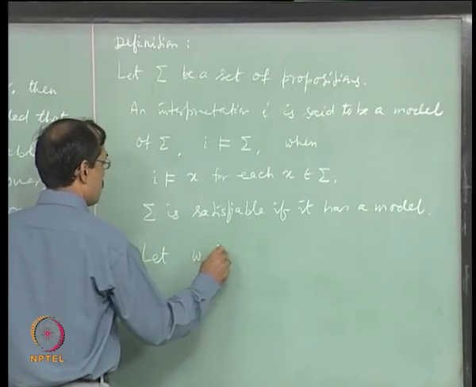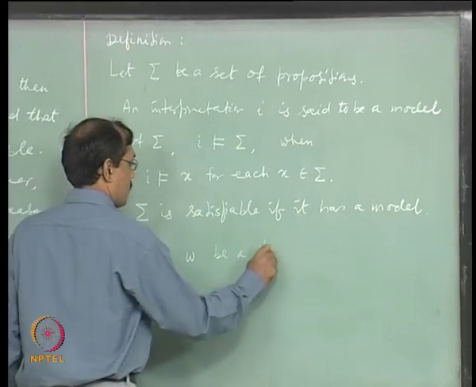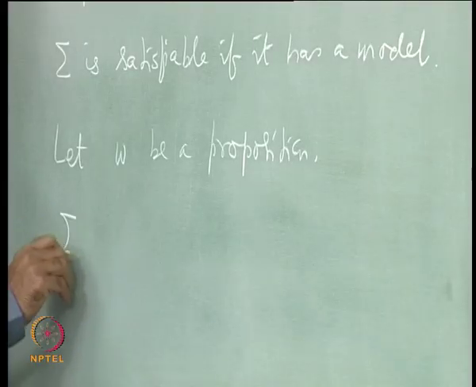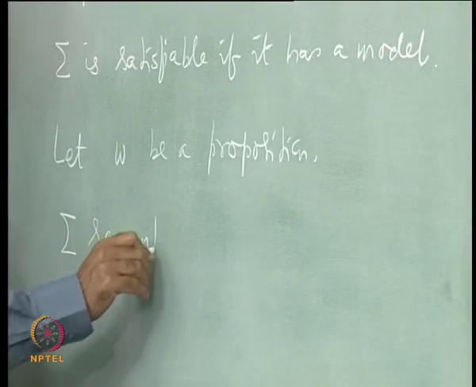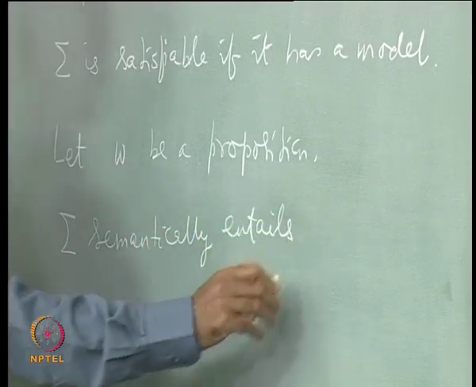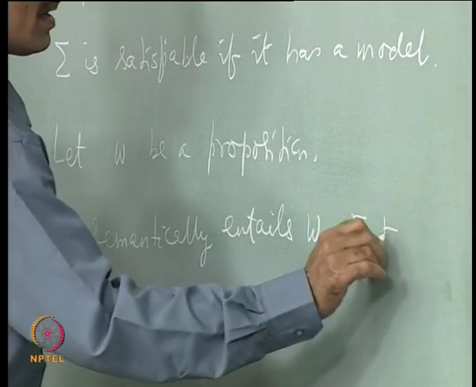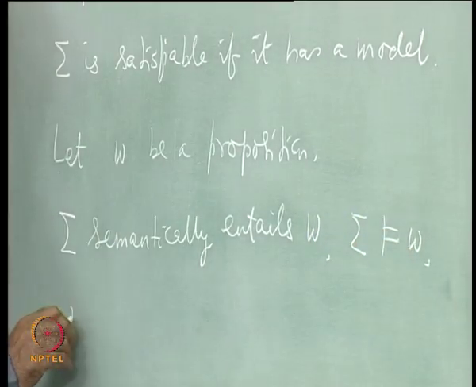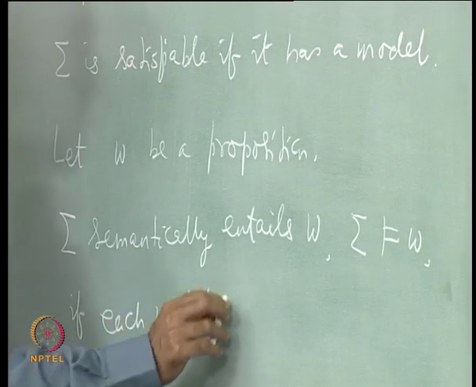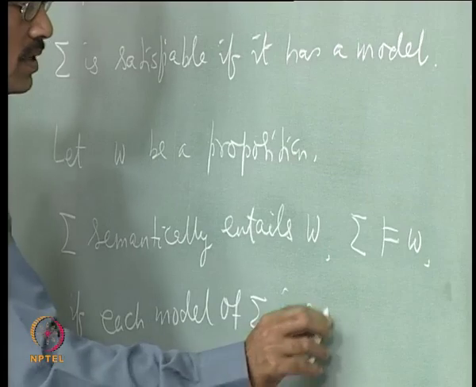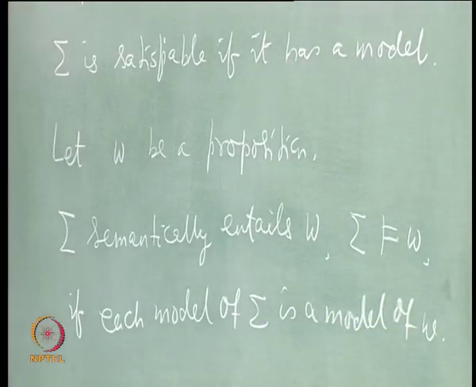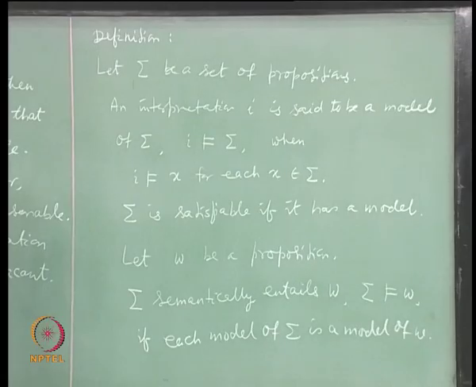taking W to be any proposition, it may be in sigma, may not be in sigma. We say that sigma semantically entails W, we write it as sigma entails W, if each model of sigma is a model of W. Is it clear?